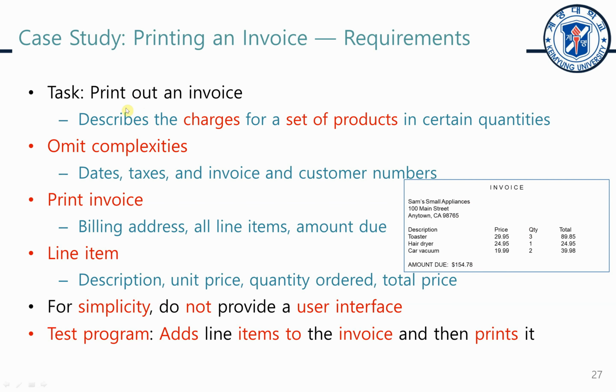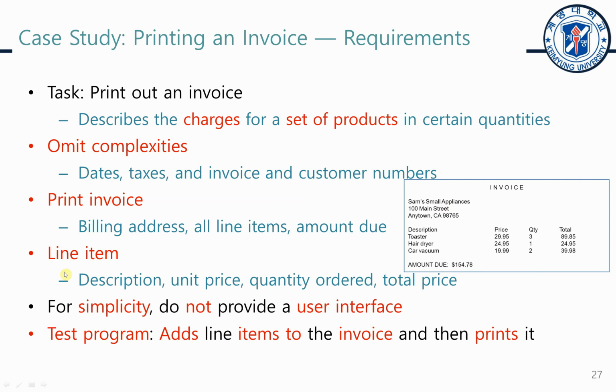So what is the task? The task is to print out an invoice. It describes the charge and the set of products. For now, we omit some complexity such as dates, taxes, and invoice and customer number. We omit those, but we can include them later on. And then we print the invoice, which contains the billing address like this, line items, and the amount due, or the total amount.